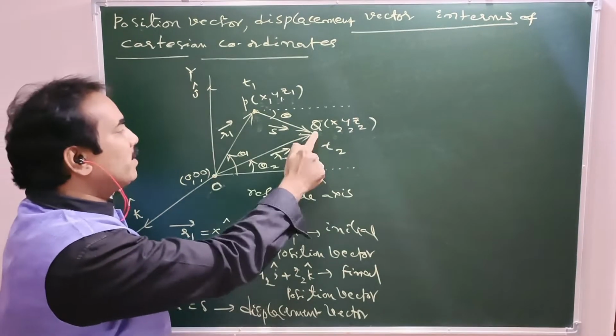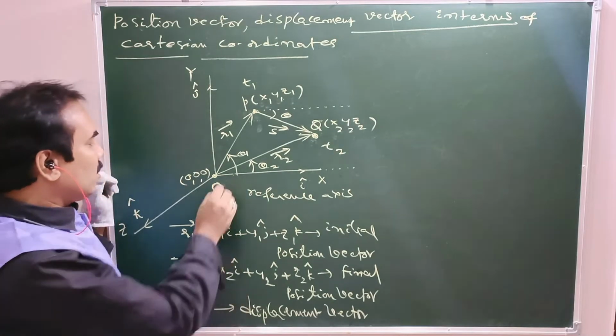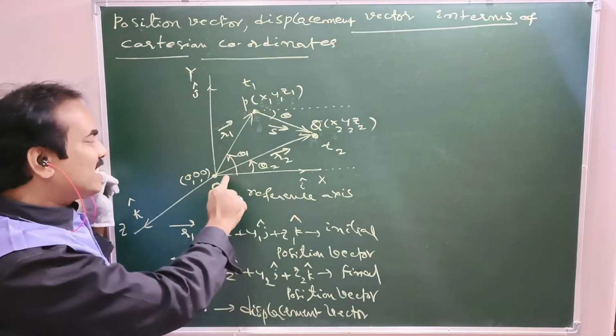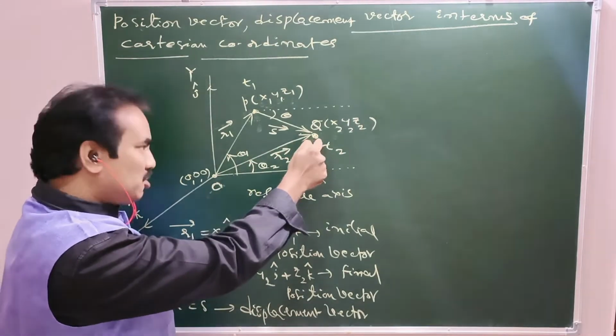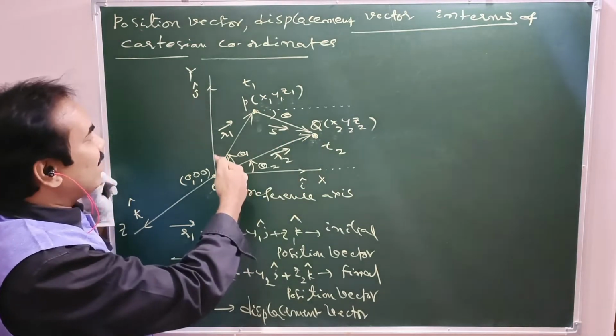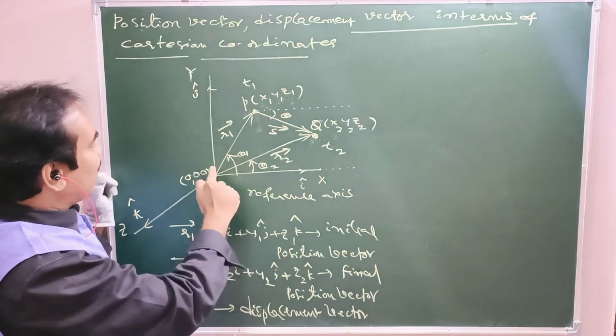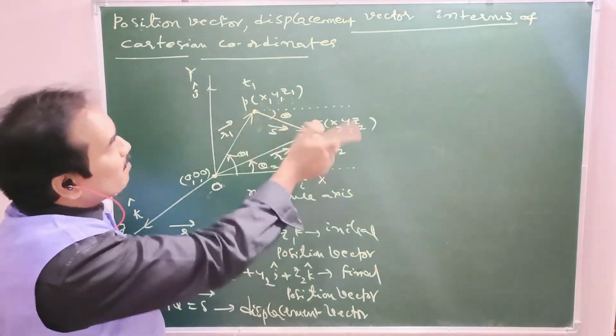If the particle directly goes from O to Q, it can also reach Q. But here the particle has taken the path OP plus PQ.